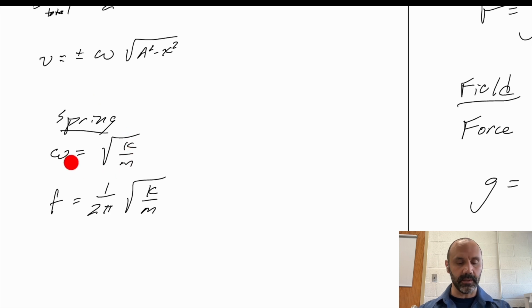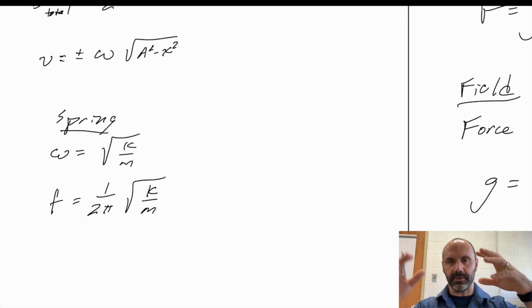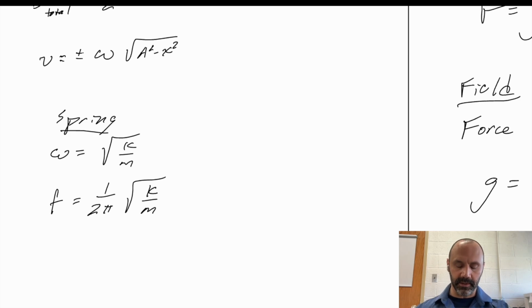Don't forget omega is 2 pi f. So if we solve for f, then we get 1 over 2 pi times the square root of k over m. For some reason in my head, I can't keep straight whether it's k over m or m over k. Just think about the units. K is basically kilograms per second squared.